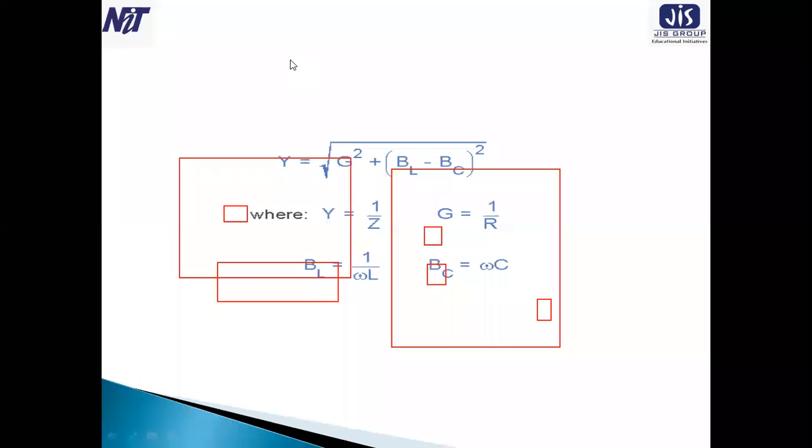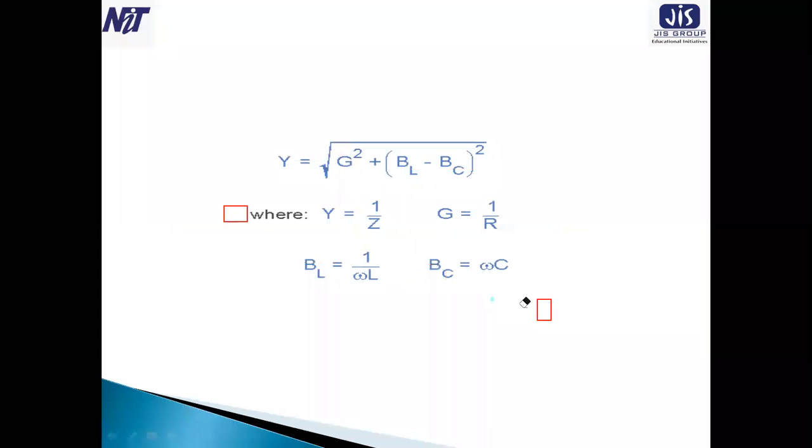Now look, how can you find the value of Y from the last phasor diagram? Yes, Y, the admittance. As per the figure, Y is equal to root over G square plus BL minus BC whole square. So why is it BL minus BC? Because we consider a parallel RLC circuit, and we consider the circuit to be an inductive circuit.